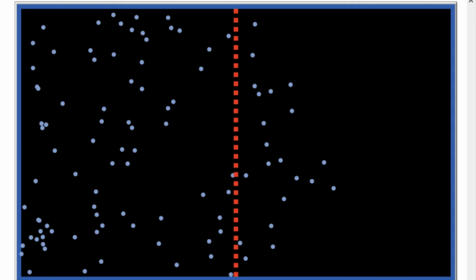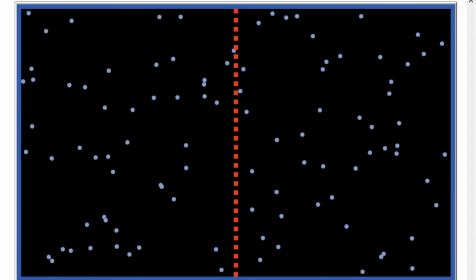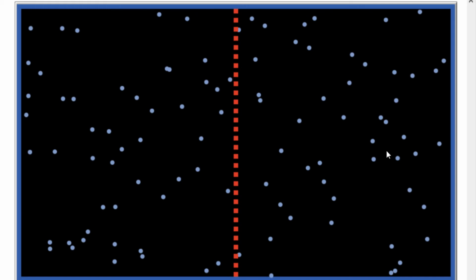But there's some on the right now. And as they move at random, they start to spread out. And at this point, you have about an equal number on both sides, an equal concentration on both sides. And so the molecules moved down their concentration gradient, and they spread out evenly, and that's diffusion.